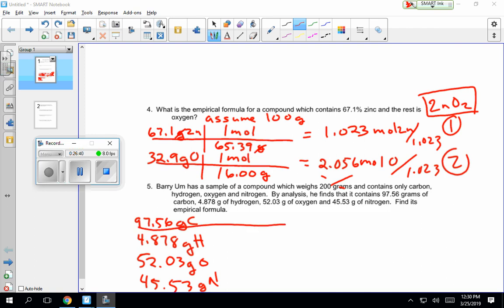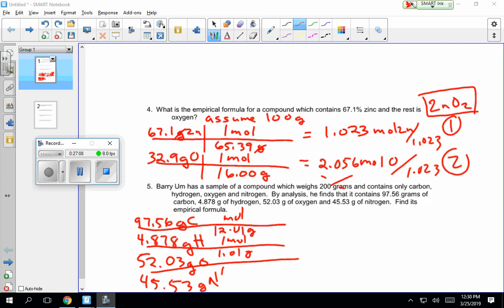We get our molar mass, 12.01 grams per mole. Nick, I want you to take hydrogen. Kiara wants oxygen, 16 grams per mole. Hydrogen is going to be 1.01 grams per 1 mole.